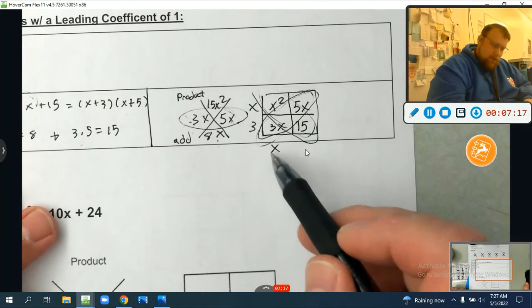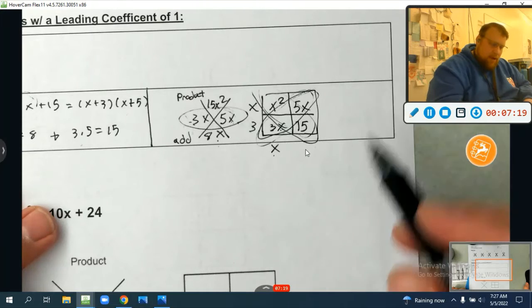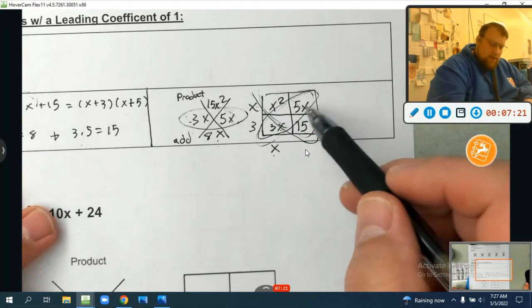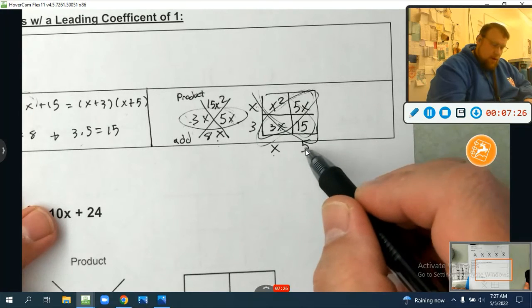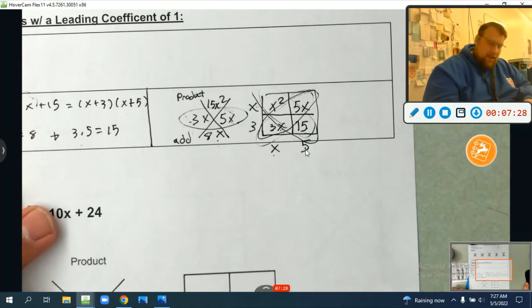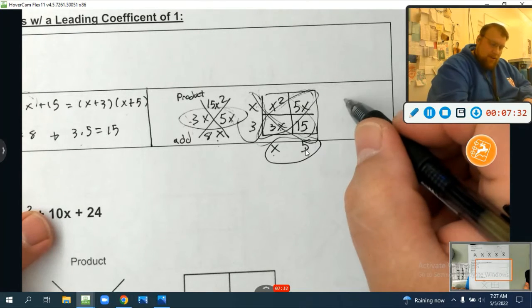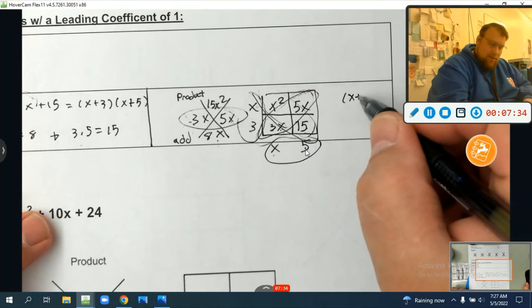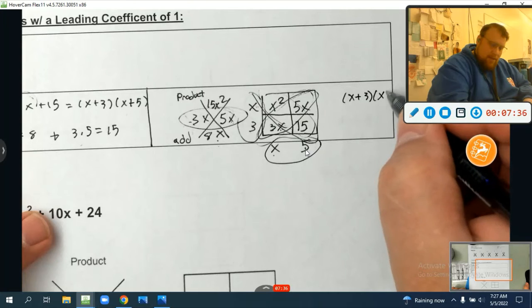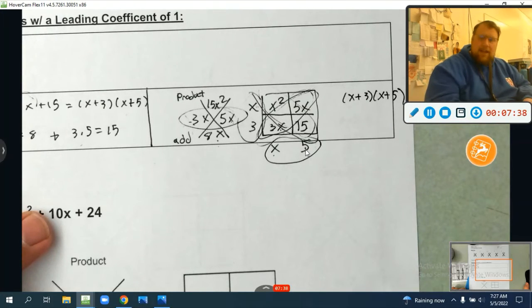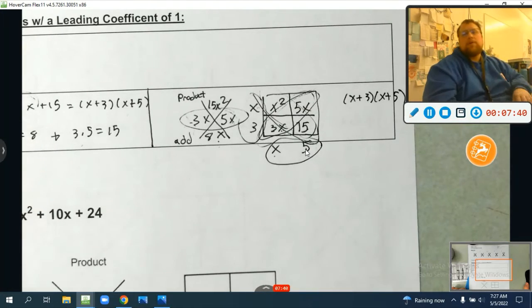And does that work? 3 times x is 3x, so that works. Then what times x will give me 5x? 5. Well, look at that. 5 times 3 is 15. This outside is now our factors. x plus 3 and x plus 5. Look at that. And that's how we're going to be factoring trinomials.